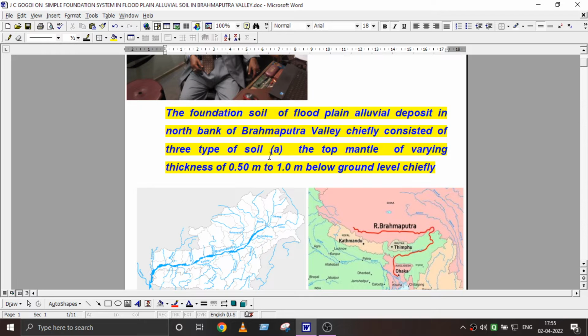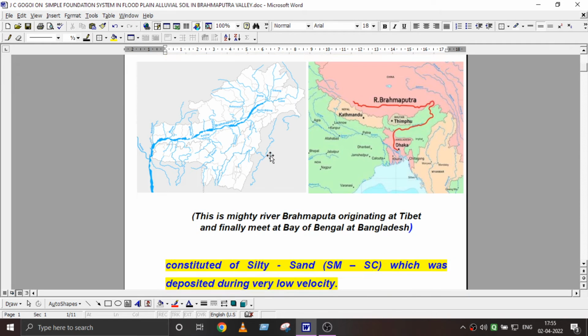Number one, the top mantle of soil, varying in thickness from 0.5 to 1 meter below ground level, chiefly constituted of silty sand, which we can classify as SM and SC, or use a dual symbol.